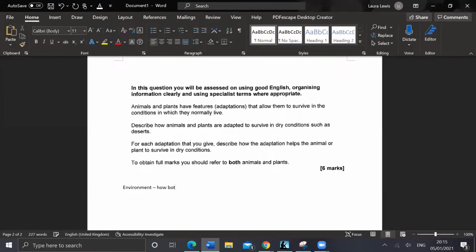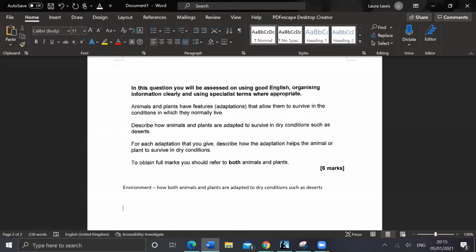So environment, how both animals and plants are adapted to dry conditions such as deserts. Okay, that's the key things, isn't it there? So how? Okay, so it means asking how they are.